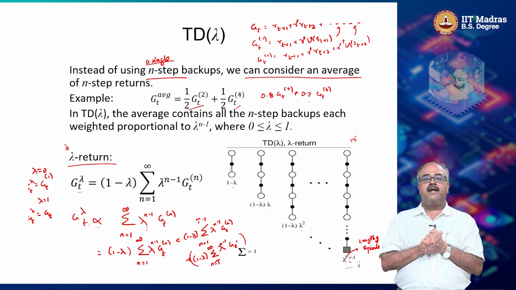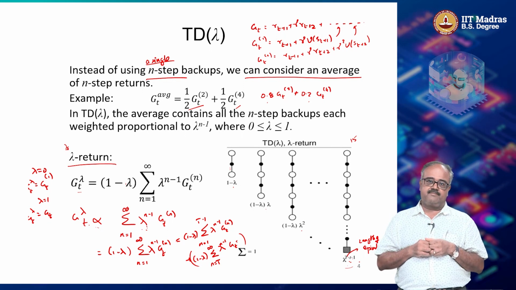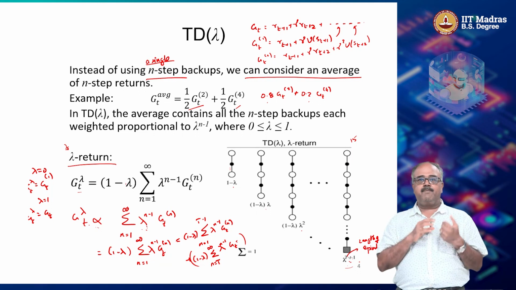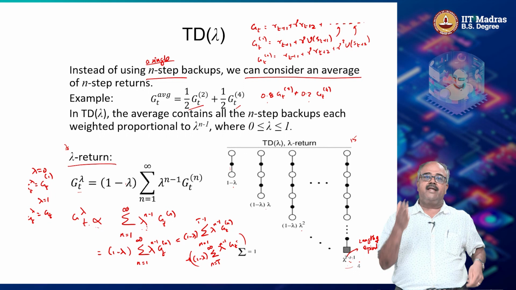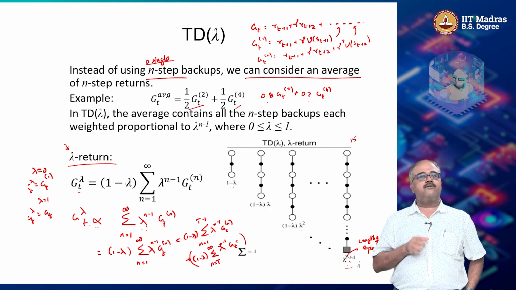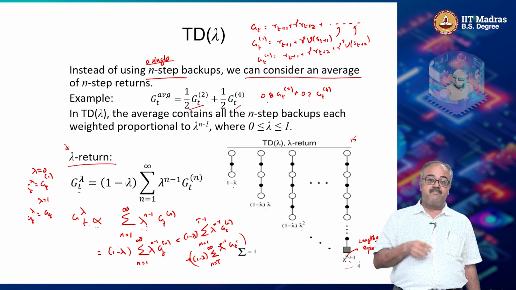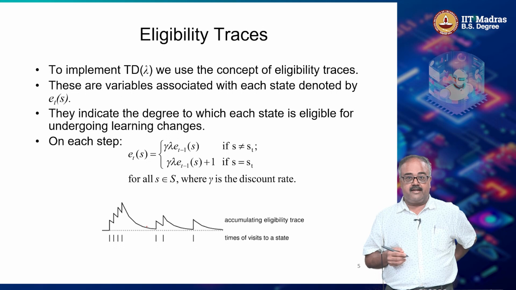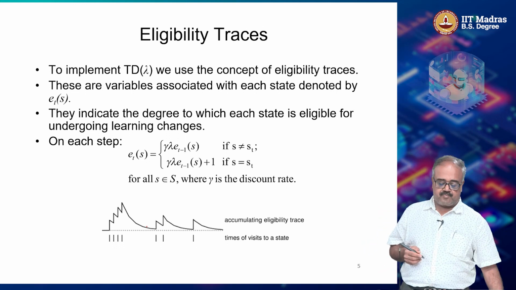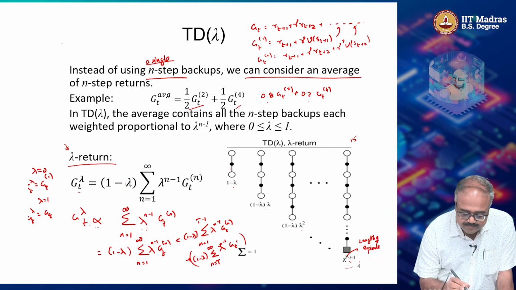In fact, the efficient implementation is what came first, and then people saw what that efficient implementation was computing, and came up with this definition of lambda return. It was not quite this way, because there is a different motivation for the implementation. We will look at that. This is called eligibility trace. Sometimes this is called the forward view of TD-lambda.